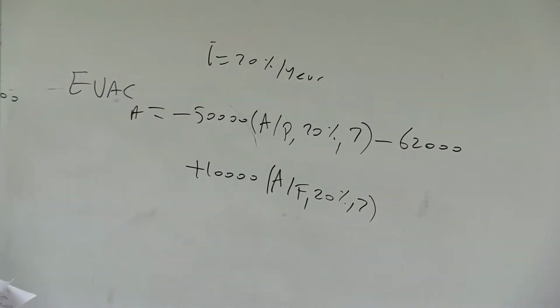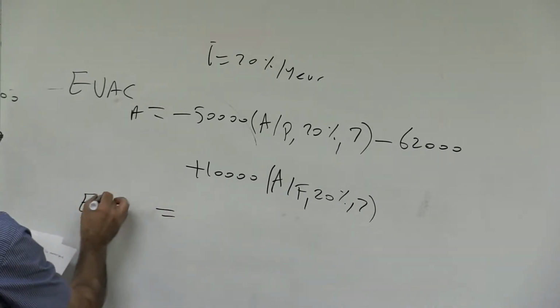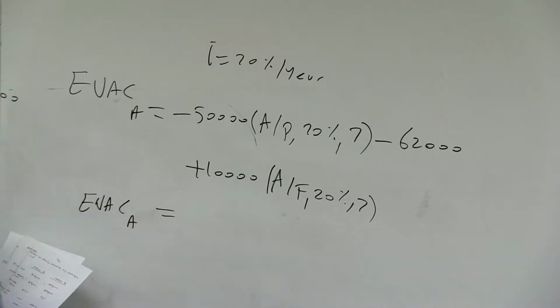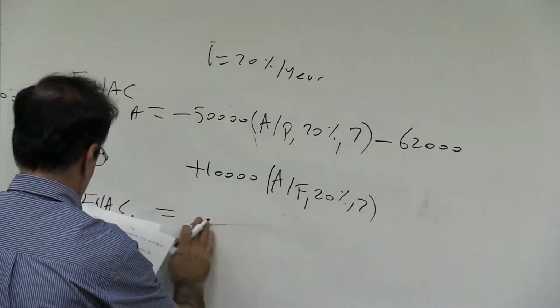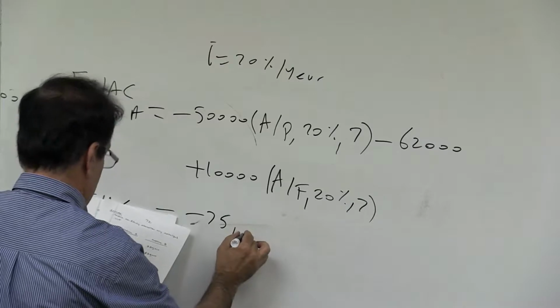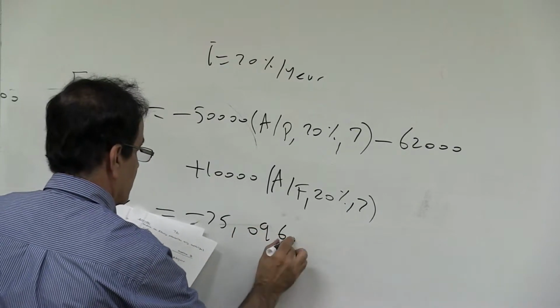Now, if you find this, the equivalent uniform annual cost, in short EUAC, for alternative A is going to be equal to $75,096.80.